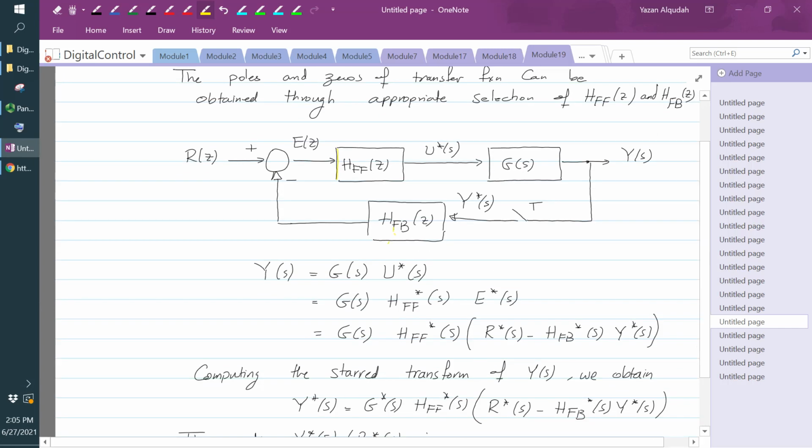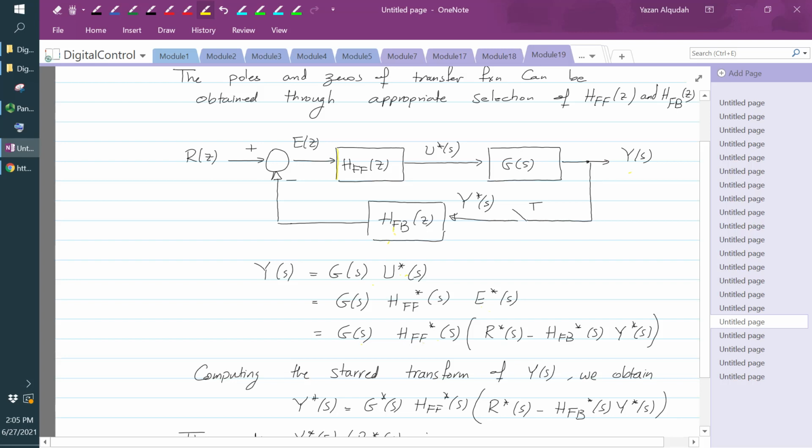So let's start. Y is equal to G multiplied by U star. U star is equal to H feed forward star multiplied by E star, which is equal to G of S HFF star.